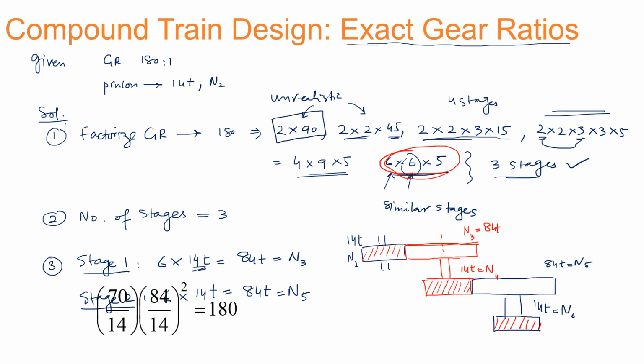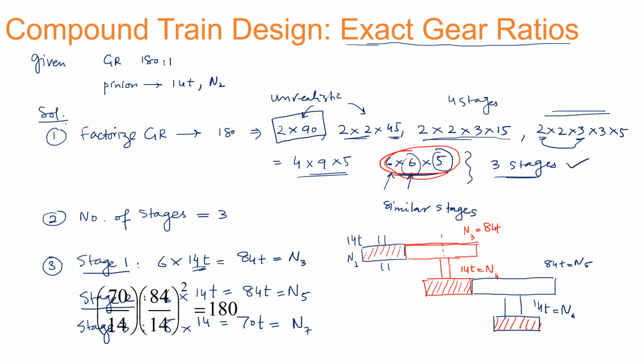Now, once you have that arrangement, you can jump on to decide the stage number 3, which is the third stage. And that was having a gear ratio of 5 in it. So this is going to be 5 into 14. That is going to be equal to 70 teeth. And that's exactly what you're going to have at N7.